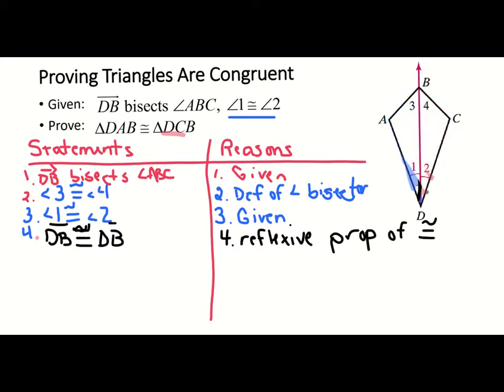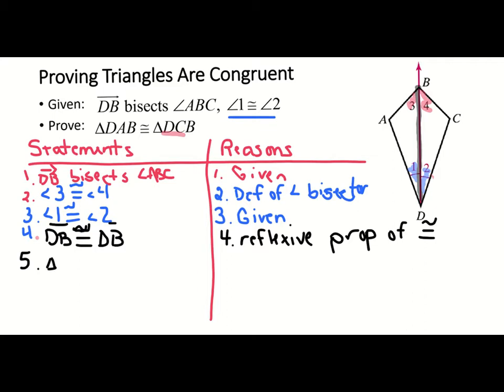Okay, so right now I'm going to do a little erasing so we can look at the whole picture. Okay, so I know through my information that angle 3 is congruent to angle 4. Through my given, I know angle 1 is congruent to angle 2. And we also know through our reflexive property that we have this shared side right here. So how can I now prove my triangles are congruent?